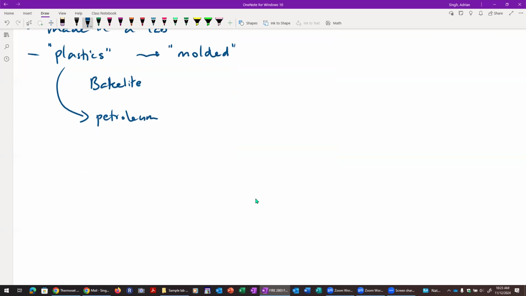So we can classify our synthetic polymers in several different ways. The first is how the monomers are actually put together. So we have what are known as linear, branched, and cross-linked polymers. And we would see this as well in some of the natural polymers.